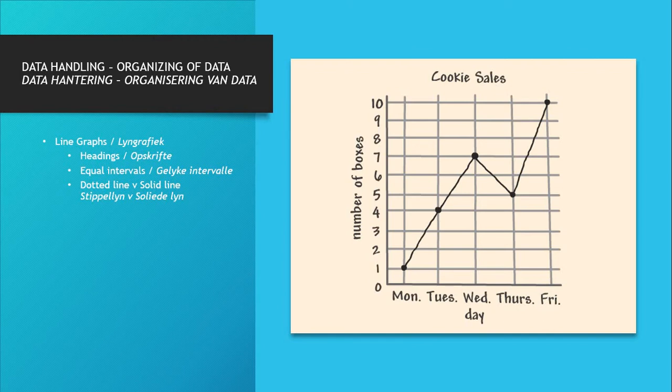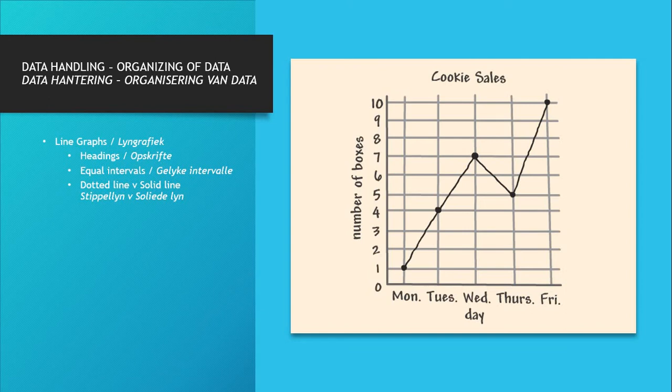You can't measure it at any given stage. If I'm referring to the length or the cookie sales, I can sell 1.5 box. That's an entrepreneurial skill. Then we will have a solid line, which will represent my continuous data.